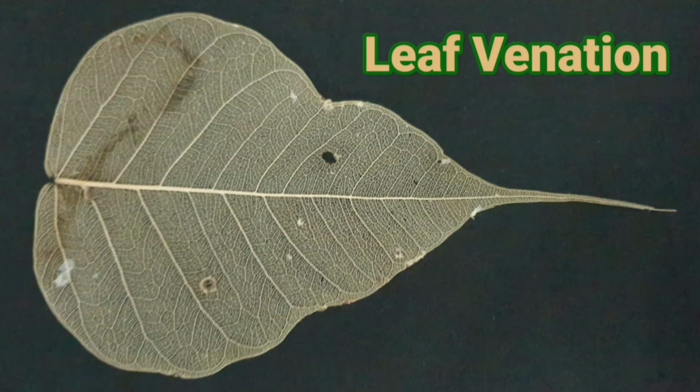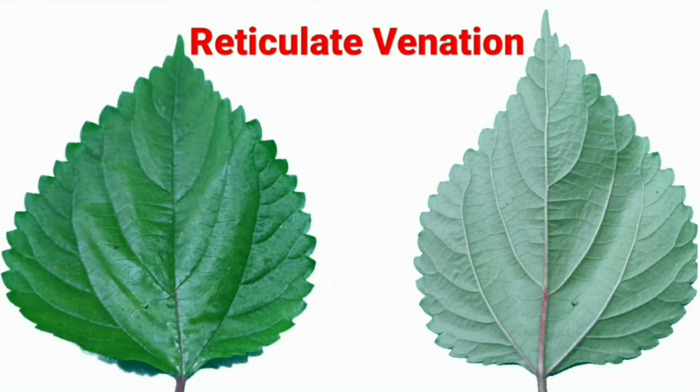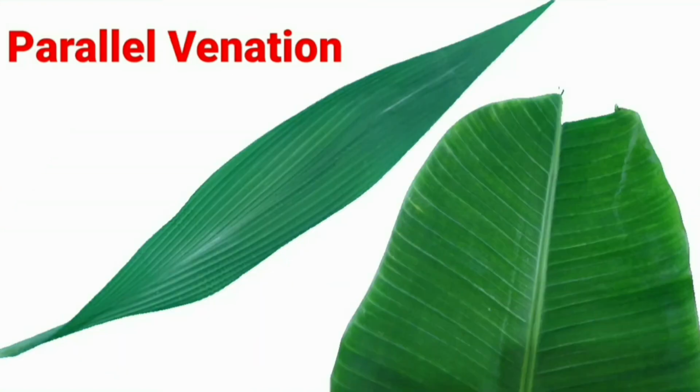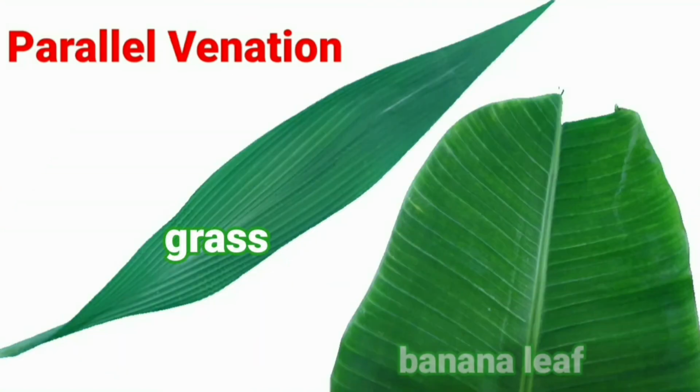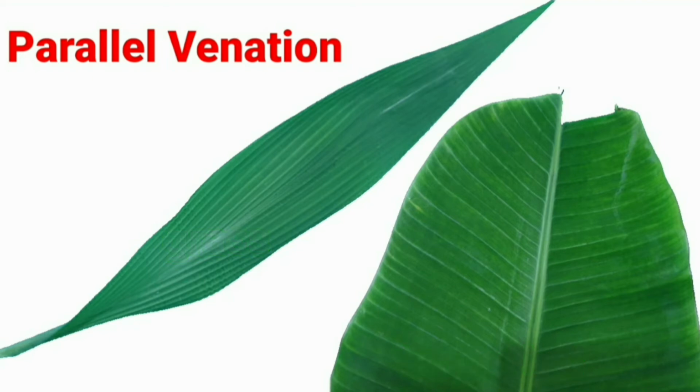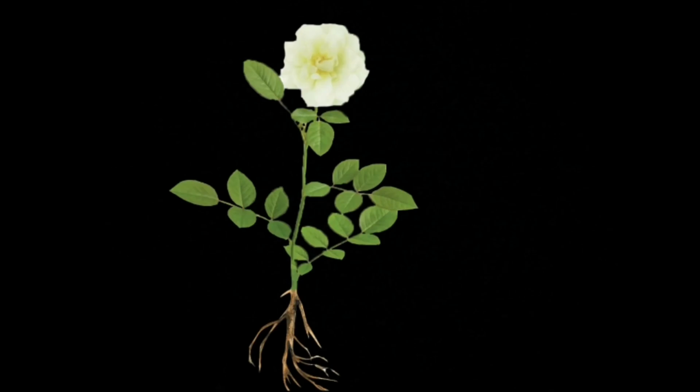If this design is net-like on both sides of midrib, the venation is reticulate venation. But in some other leaves, for example leaves of grass, the veins are parallel to one another. This is parallel venation. The veins carry water to the leaf.